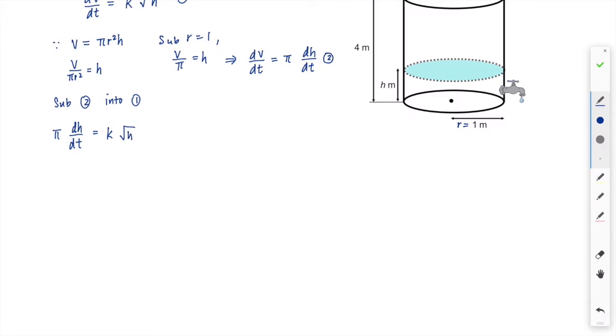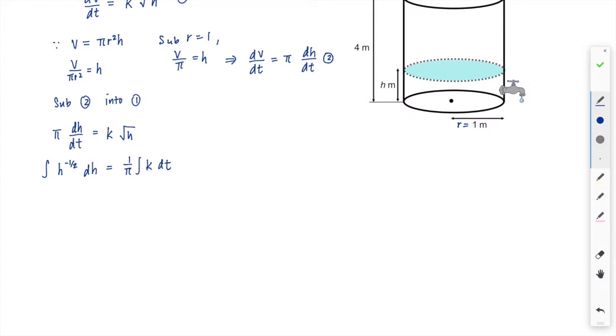We have a differential equation where we can separate the variables. So now I'm going to keep all the h's on the left, which means that the square root of h now becomes h to the power of negative 1 over 2 dh. And on the right side, I can have k over pi dt like that.